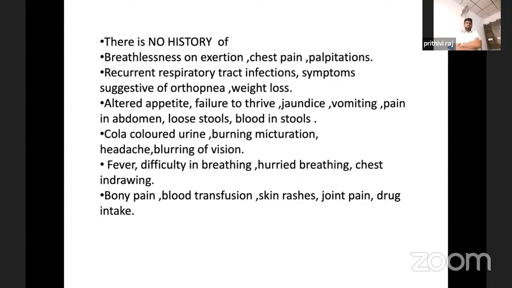Are you getting the question sir is asking? Failure to thrive. One is edema. In case of failure to thrive, as you said, it could be malnutrition, and malnutrition causing secondary nephrotic syndrome.